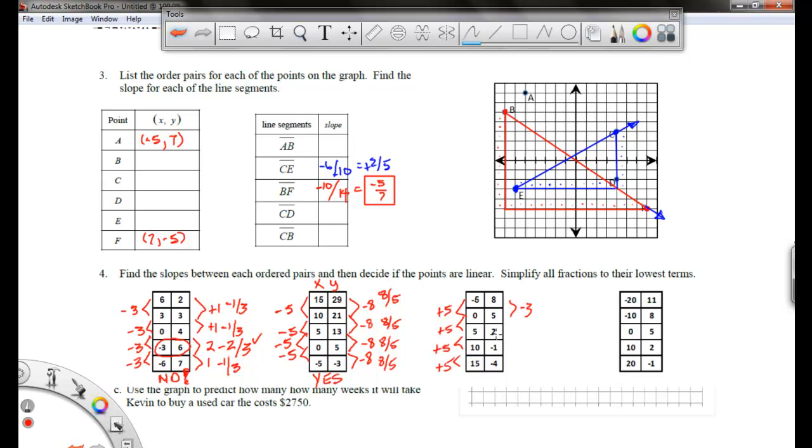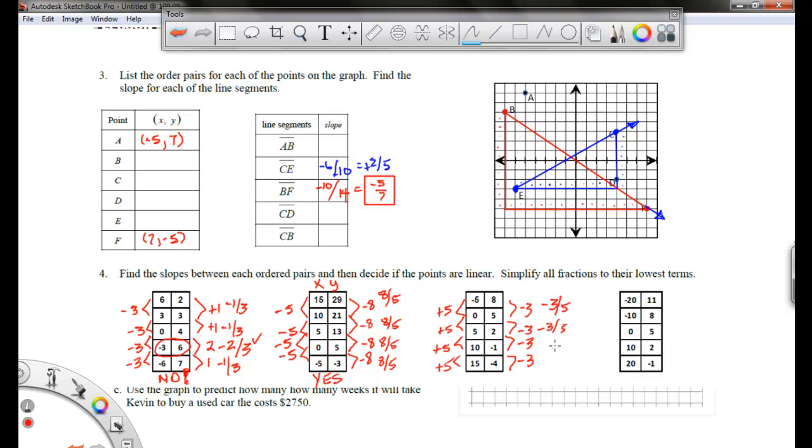Difference of 3, and I'm going down, so that's down by 3. 2 to 0 is 2, and then from 0 to a negative 1 is 3, so that's going down by 3. And then a negative 1 to a negative 4, that goes down by 3. So these slopes are negative 3 over 5. So that is a negative slope.